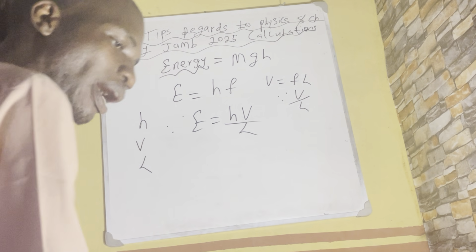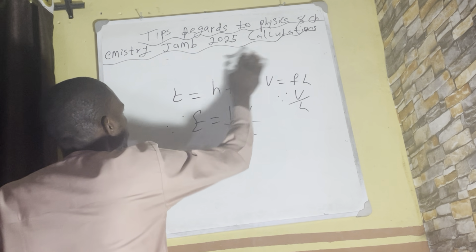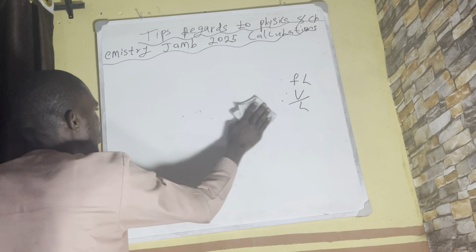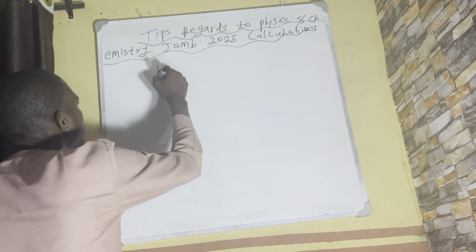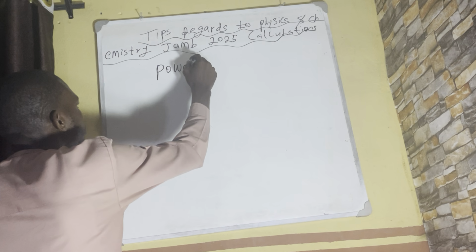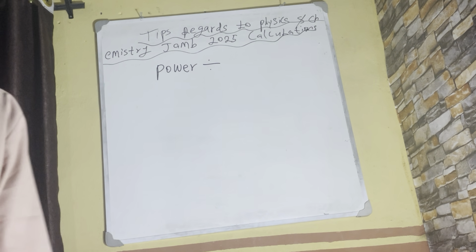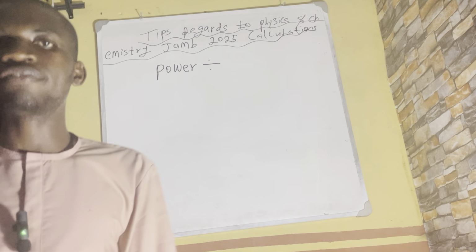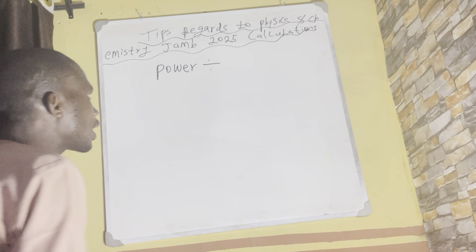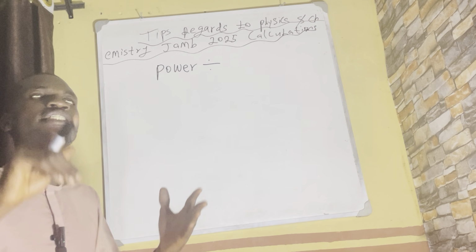Let's go for power. Power simply means multiply everything you see. Sometimes they will attach power, force, and velocity together.